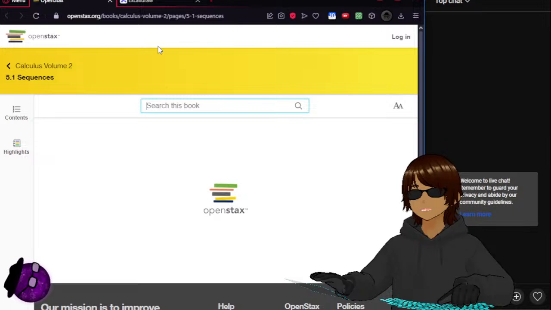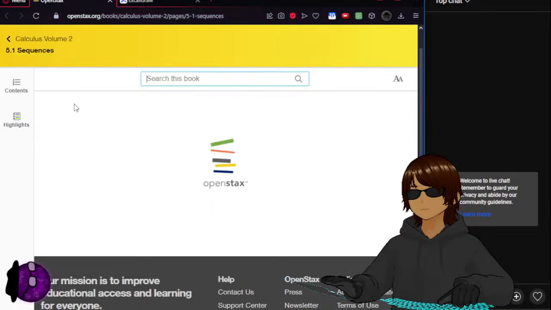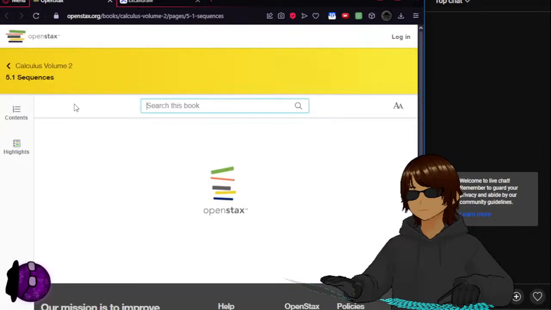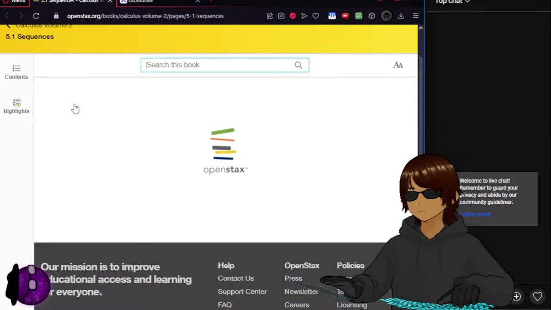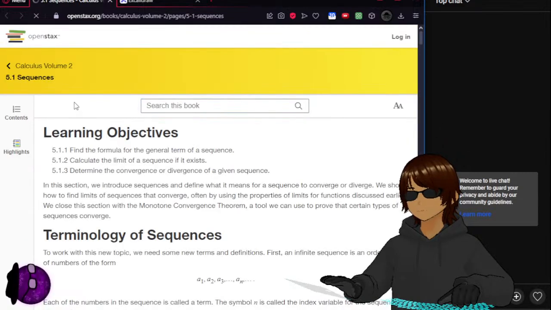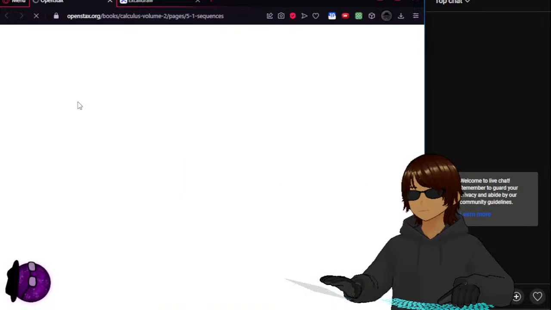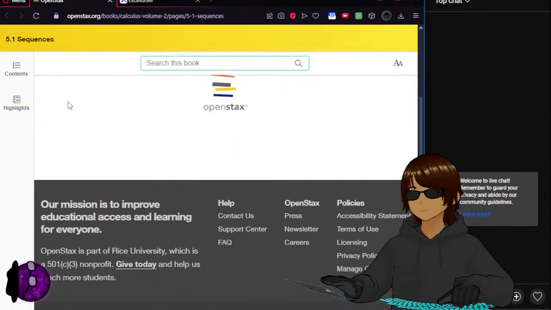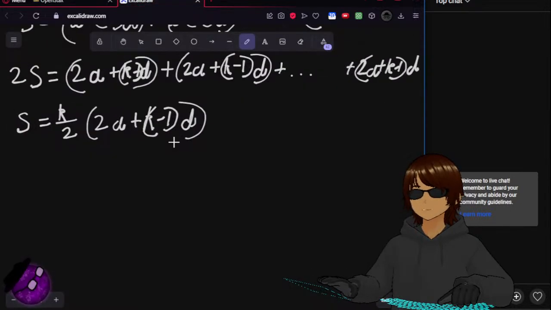Like two tabs with both open. I don't know what's happening.